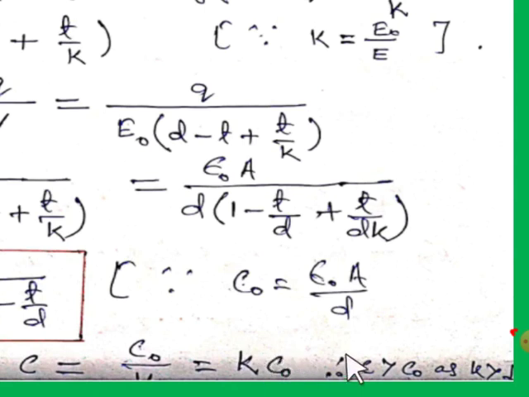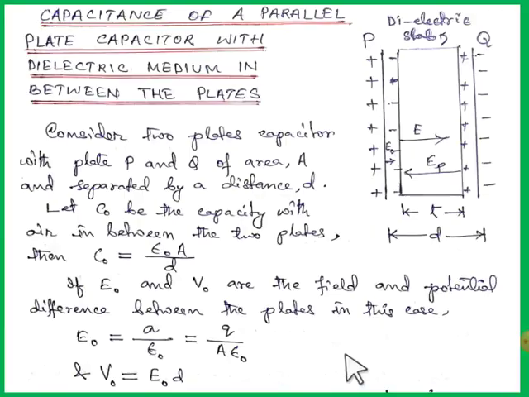Got it? So with the introduction of this dielectric medium in between the parallel plates, capacitance is enhanced or increases. So it is profitable to have some dielectric medium in between the two parallel plates.